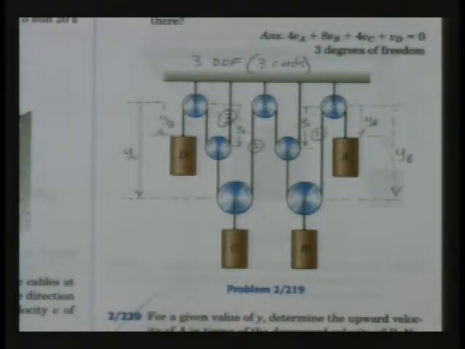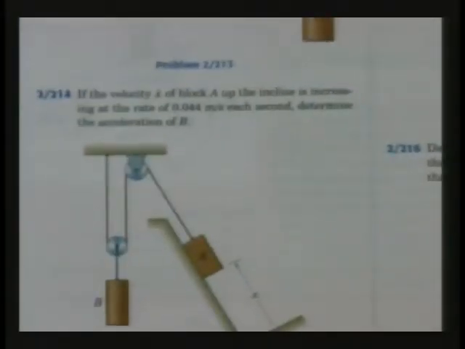So don't count the number of blocks that are there, don't count the number of pulleys, count the number of separate strands. So what I'd like to do to get this going is let's look at one, well, how about this one right here?